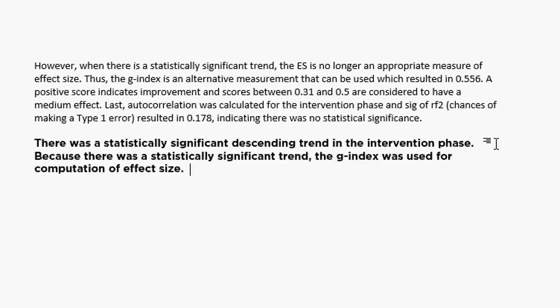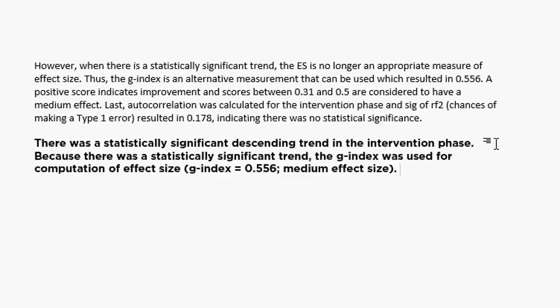And then we could say something like G-index equals 0.556. The result, what we could do here is just say medium effect size.